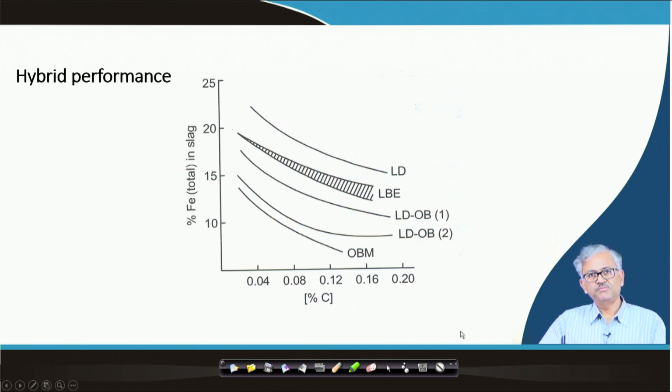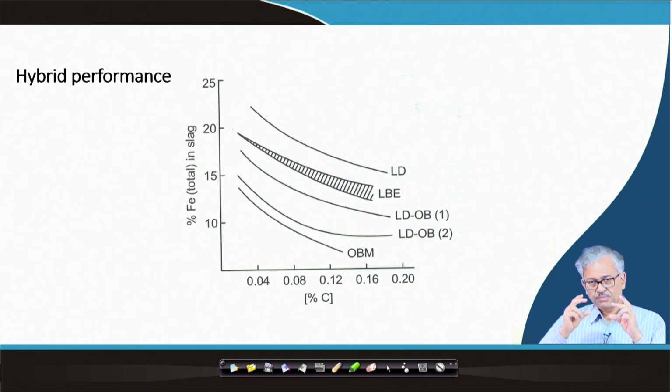Now, this is about the hybrid process. The main aim of the hybrid process in the LD process is to mix the lower part of the furnace. Then you can improve the partition coefficient, or the partitioning of the impurities, and also decrease irregularities like slopping in the furnace.